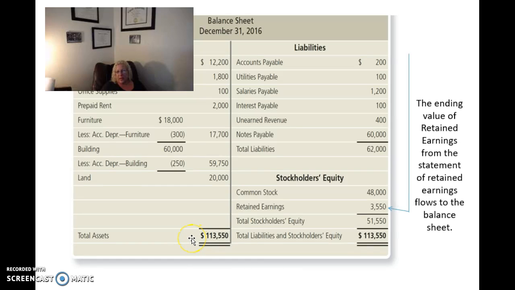And note that they both equal. Your total assets, your total liabilities, and stockholders' equity are $113,550. And so we just plugged this retained earnings figure in here. The rest of these accounts we would get from the ledger. We would get the balances from the ledger.